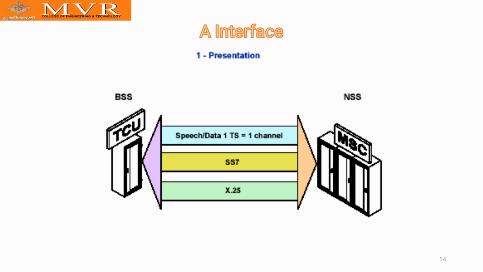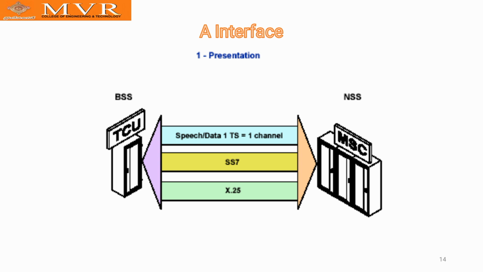BSS means base station subsystem and MSC means mobile switching center. It has the TCU, the transcoder unit. In this transcoder unit, the specification of speech and data, 1 TS equal to 1 channel, is defined, SS7 is the signaling subsystem, and the X.25 address will be present here.